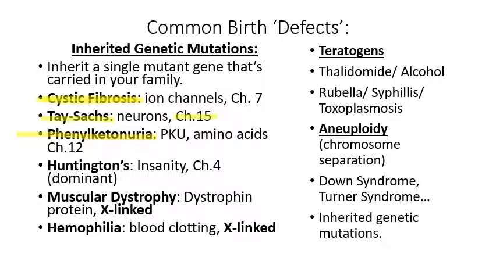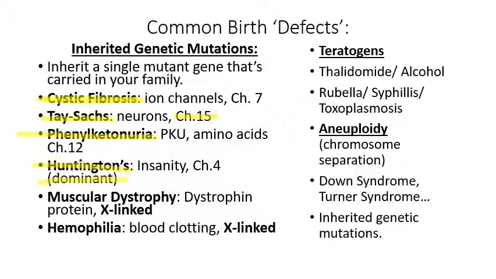Huntington's, formerly known as Huntington's chorea, is a very tragic disease, which is caused by a single mutation on chromosome 4, and it's very tragic because it's a dominant mutation, which means that we now have the ability to do a DNA test and tell whether you're carrying the mutant gene.